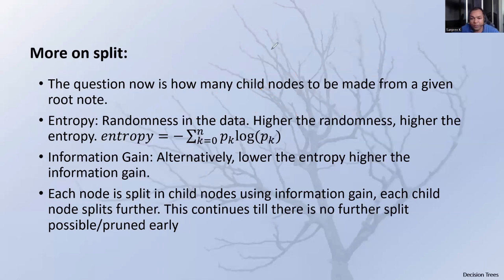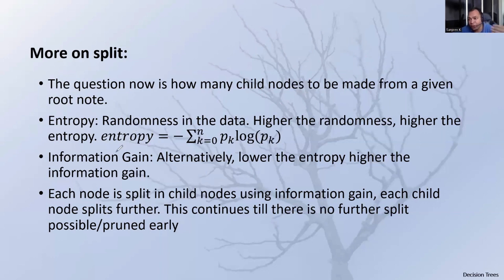We can pass all of these things as parameters to the model, and the model will be automatically built. So we don't have to worry about how to calculate all this. This is only for understanding purposes, to see how the split is happening in the backend. All right. I hope this is clear for you, how the entropy and information gain is made.